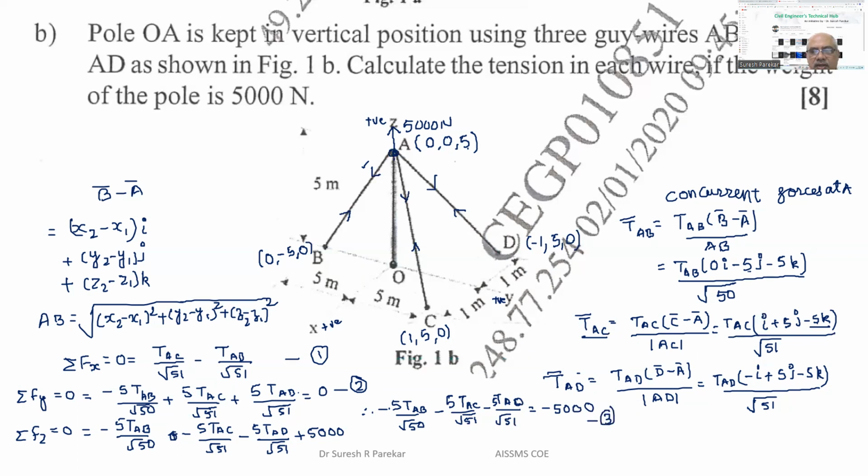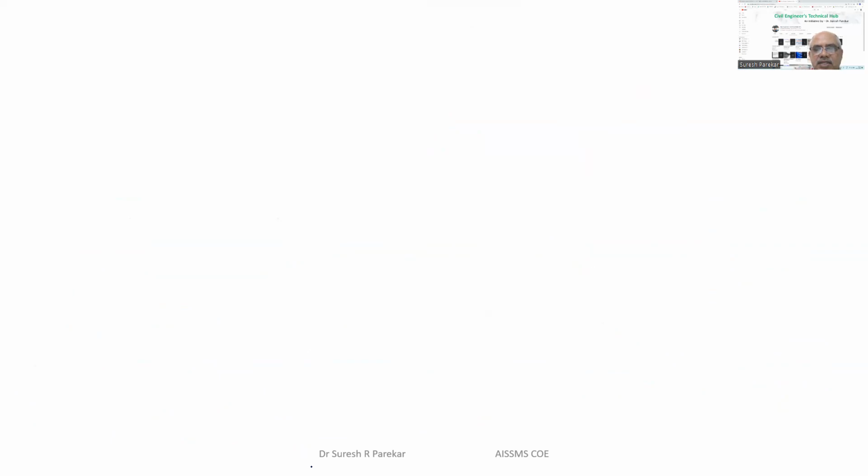Now I will solve these three equations. And by solving these three equations, I will get the value of TAB, magnitude we are mentioning, 3535.53 newtons. Then we have TAC, these are tension in cables, 1785.36 newtons, and TAD, we have the same, 1785.36 newtons.